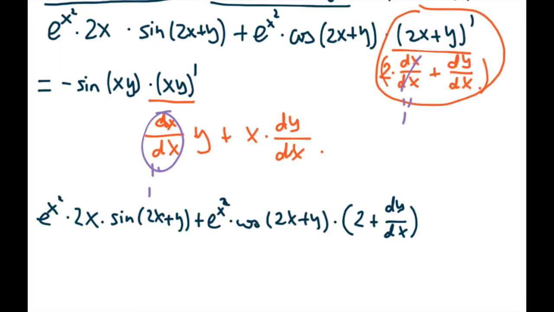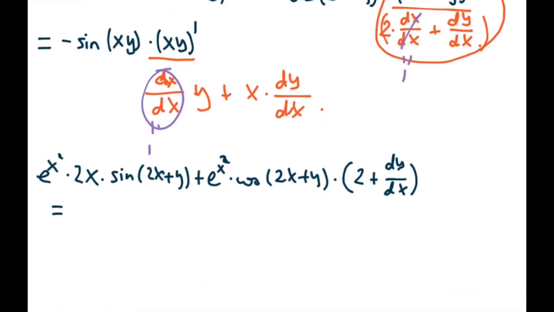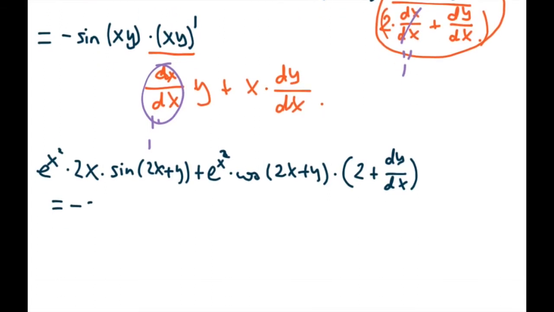This is equal to the right-hand side, which is negative sine xy times y plus x times dy over dx.